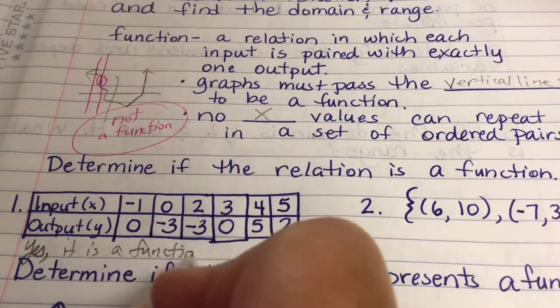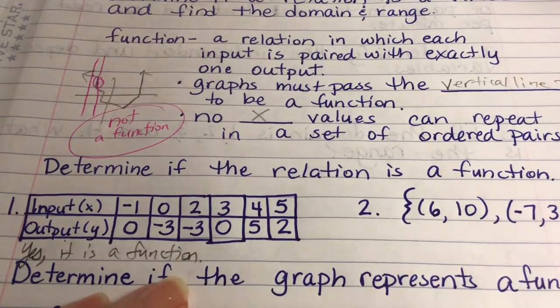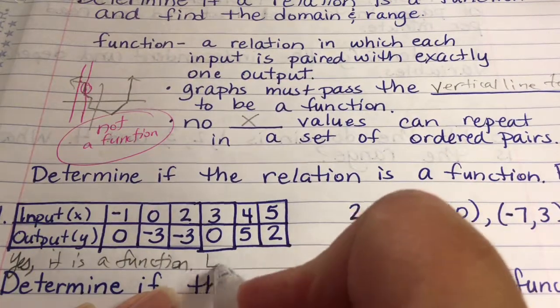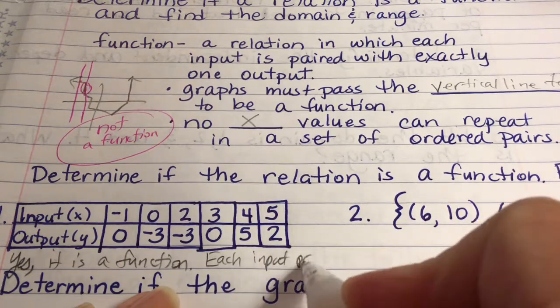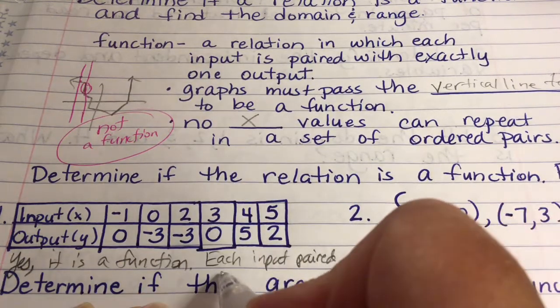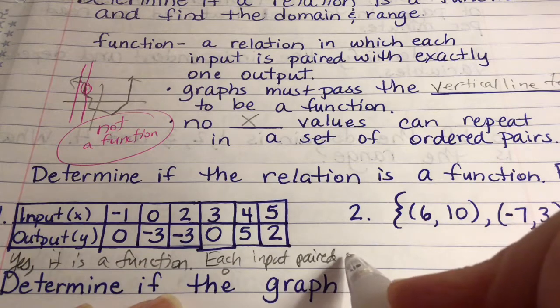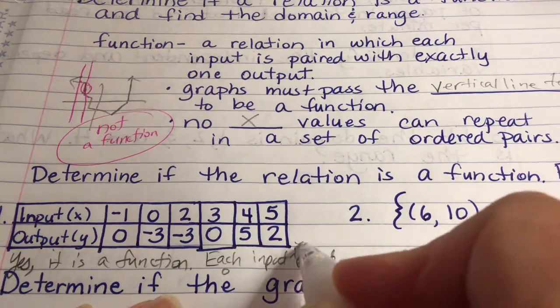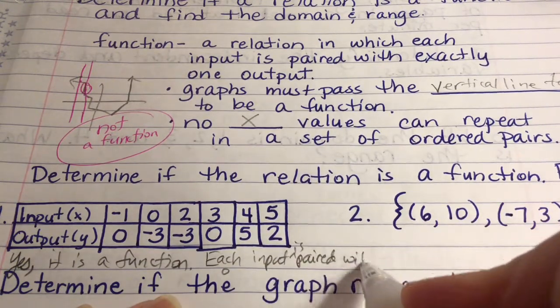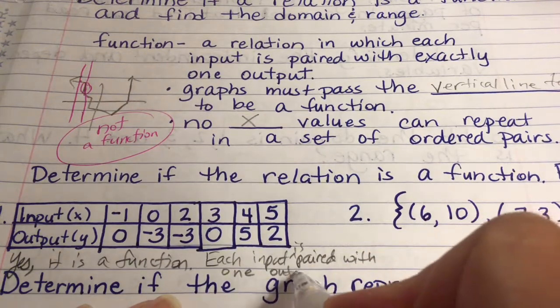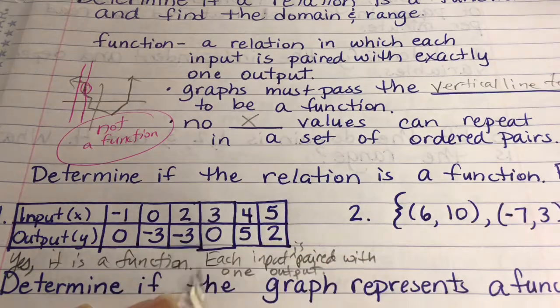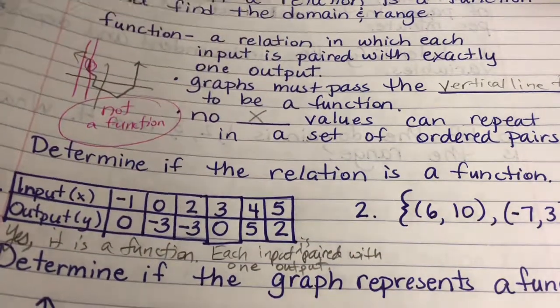And the reason, you could say each input is paired with one output. You could also say none of the x values repeat, and that would be an explanation that would be sufficient.